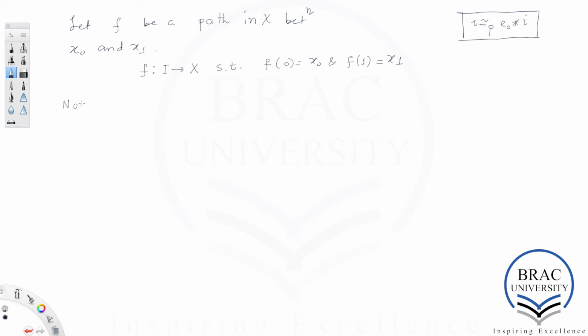Now, since I is path homotopic to E0 star I in I with big G, the way we defined earlier, with big G being a path homotopy between them.